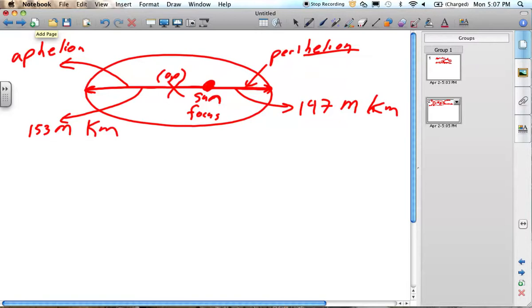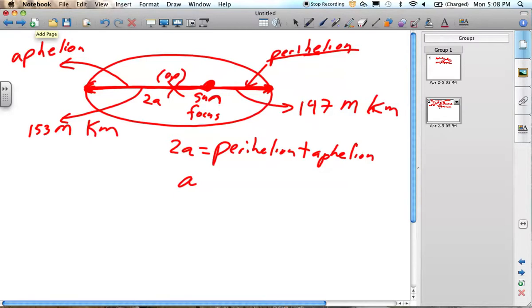Now, if you remember, this whole distance here is 2A. So 2A equals the distance from my focus out to here, perihelion, plus the distance from there out to there, aphelion. So the distance on the major axis is perihelion plus aphelion, or A is perihelion plus aphelion over 2.